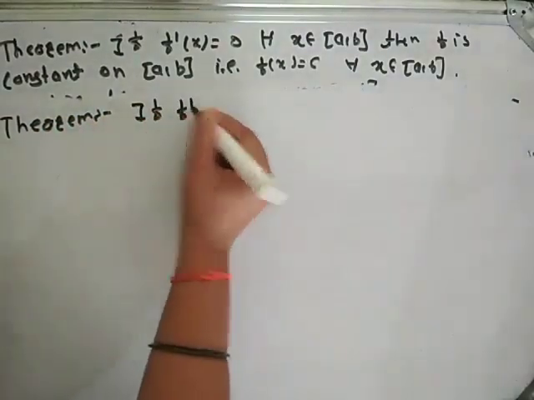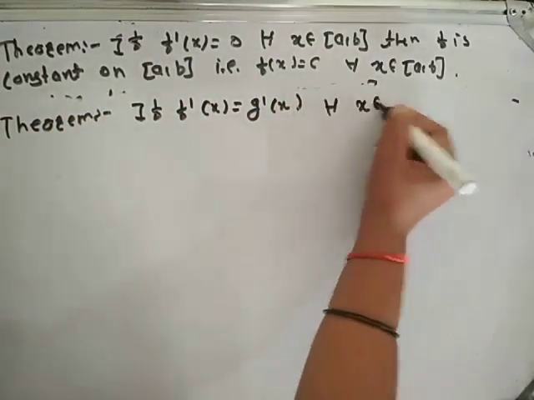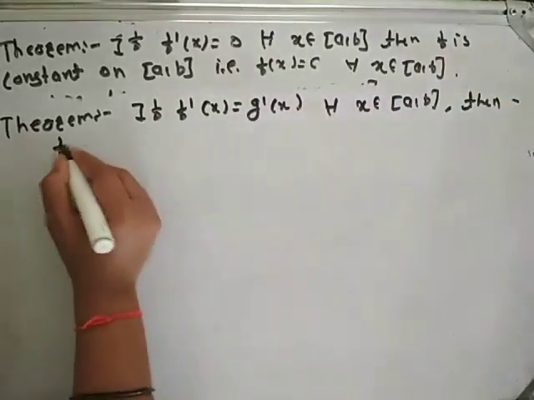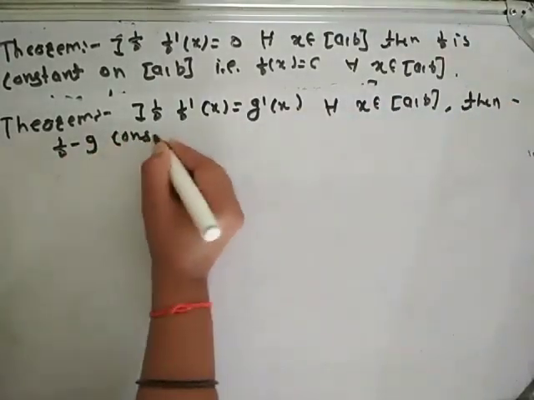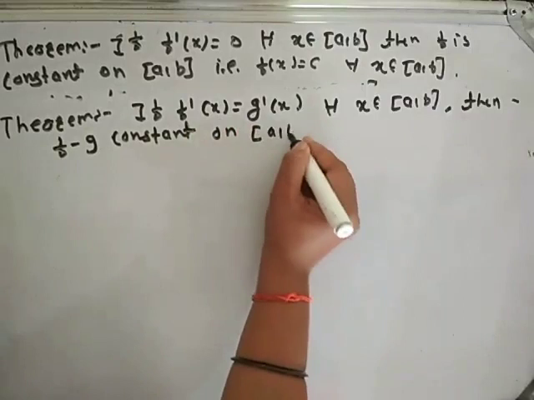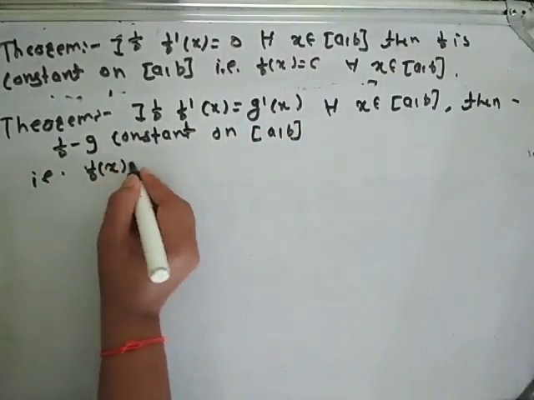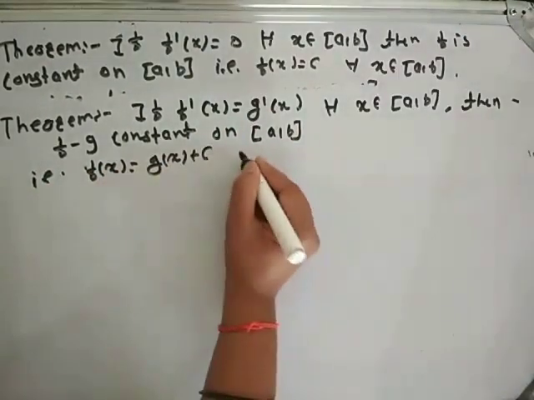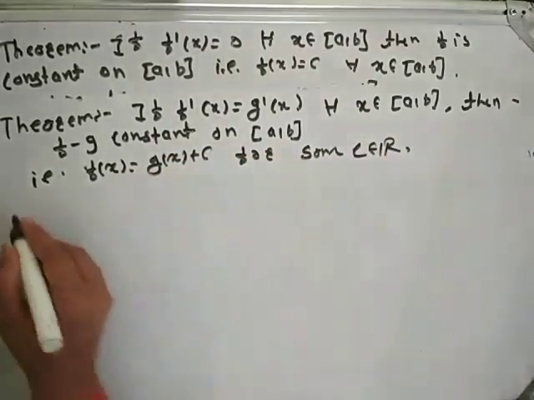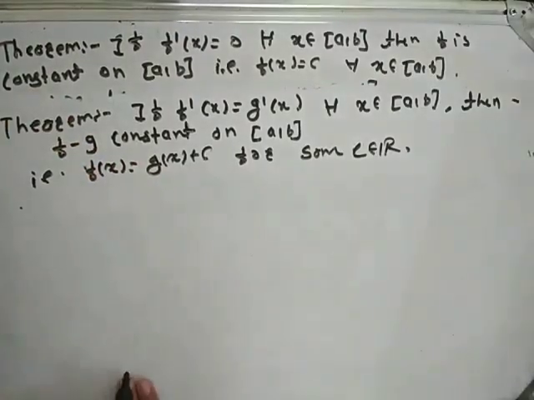If f'(x) is equal to g'(x) for all x belonging to closed interval [a, b], then f minus g is constant on closed interval [a, b]. That is, f(x) is equal to g(x) plus c for some c belonging to R. Students, the proof of this theorem is similar to the proof of the previous theorem.